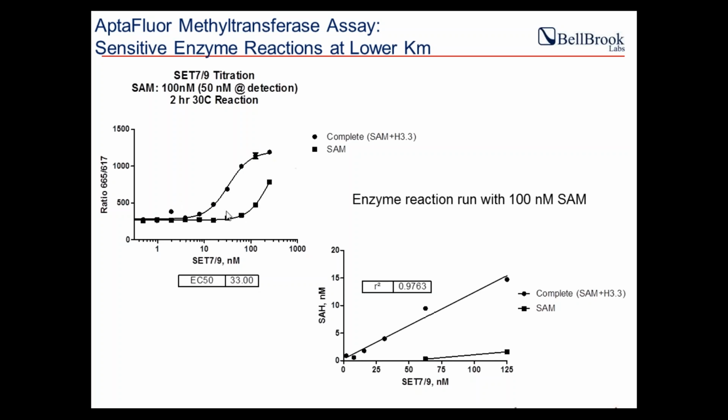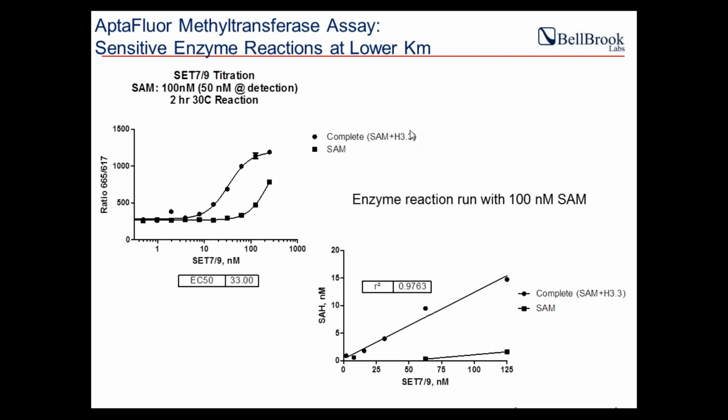Now, the assay itself is nonlinear when you plot the ratios against the enzyme concentration. And if you want to go back and look at how much SAH you are actually producing, you will have to run a standard curve under similar conditions. So what I mean here is, we ran a standard curve with different concentrations of SAM starting at 100 nanomolar, which would represent 0% conversion, and then decreased it incrementally while increasing SAH.